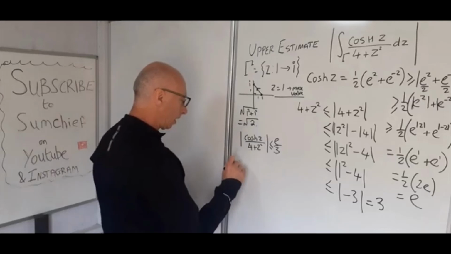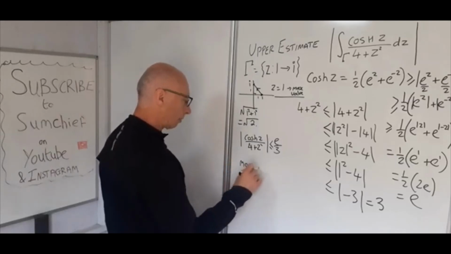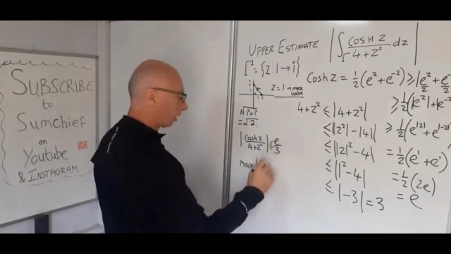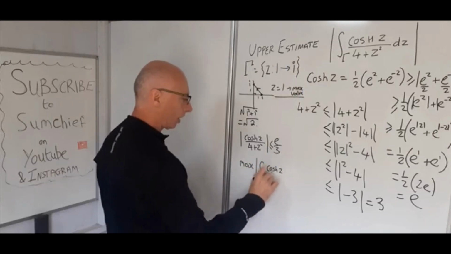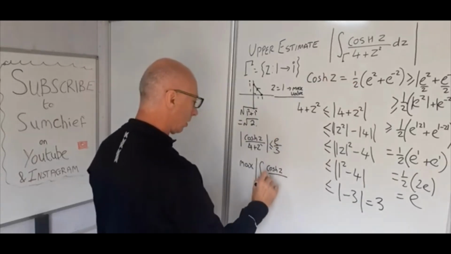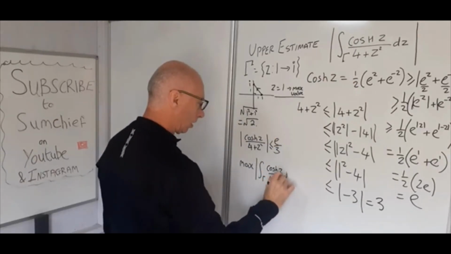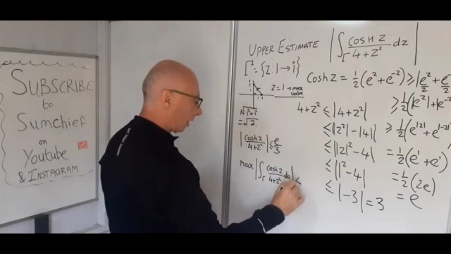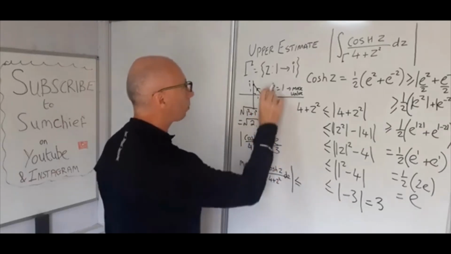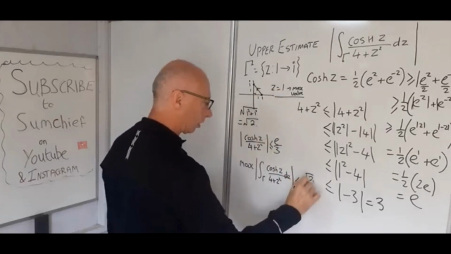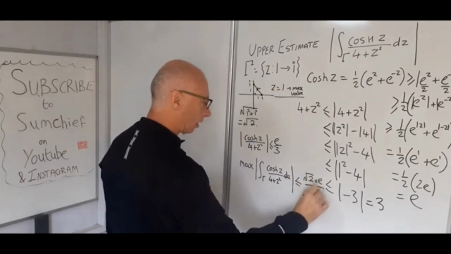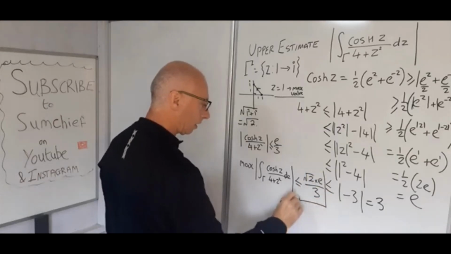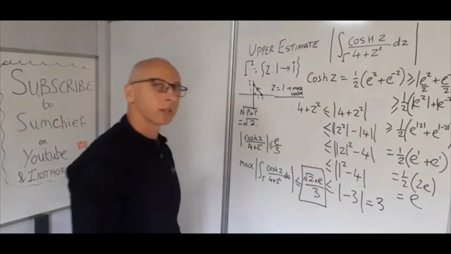So now what we can say is that the modulus of the integral along gamma of cosh of z over 4 plus z squared dz is less than or equal to root 2 times e over 3. We don't need this bit here now. That is going to be our answer.